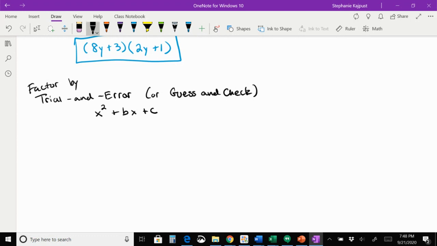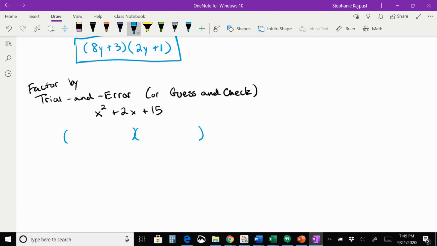So an example of this is, let's see, if instead of bx it was 2x, and then plus 15. So the way guess and check works is that you basically set up the end game. I know that I'm going to be reversing FOIL.